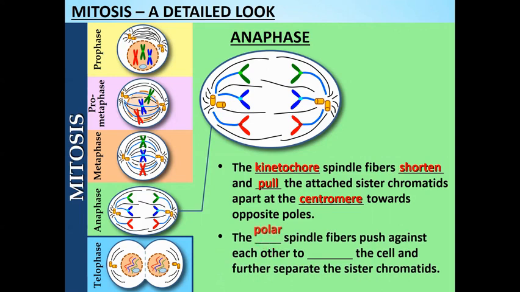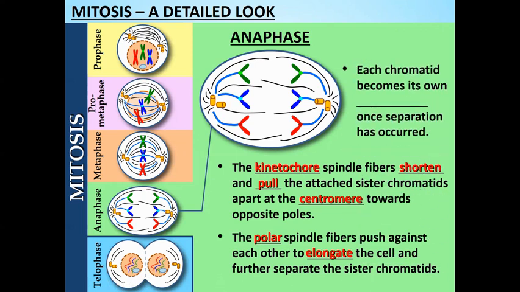The polar spindle fibers push against each other to then elongate the cell and further separate the sister chromatids. So you can see that the cell shape has started to change more into like an egg shape. So it's like pulling them and elongating the cell. Okay, and then it becomes its own chromosome once separation has occurred. So again, you can see that they have separated and they each get their own chromosomes.